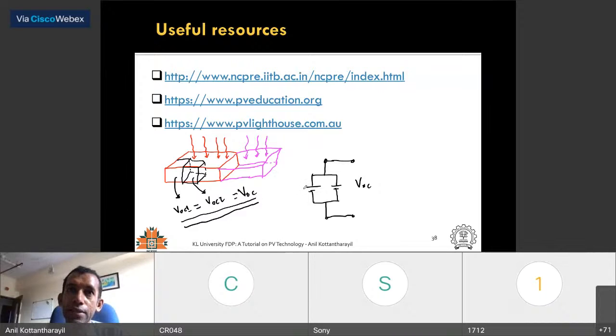Typically the voltage is dependent on the separation between the electron quasi-Fermi level and the hole quasi-Fermi level. Since this is now a single block of silicon, the quasi-Fermi level will be the same everywhere. It will not be different in different places. So the open circuit voltage is not dependent on the area. I hope this is clear.